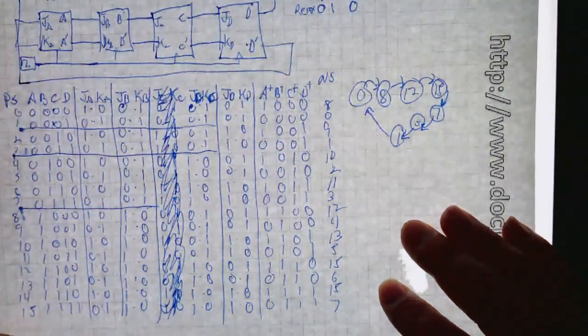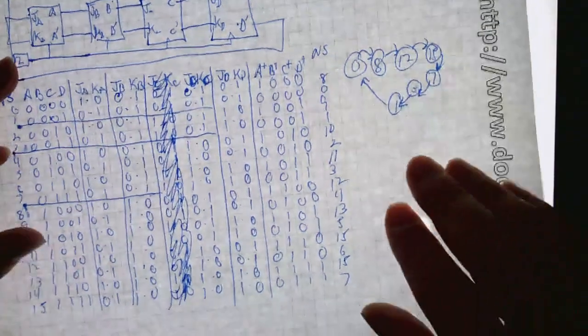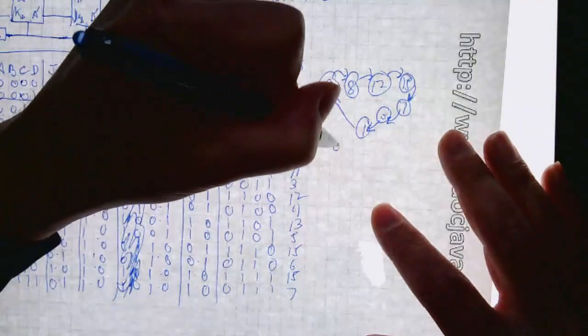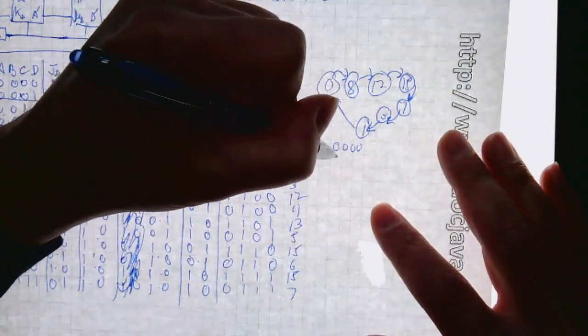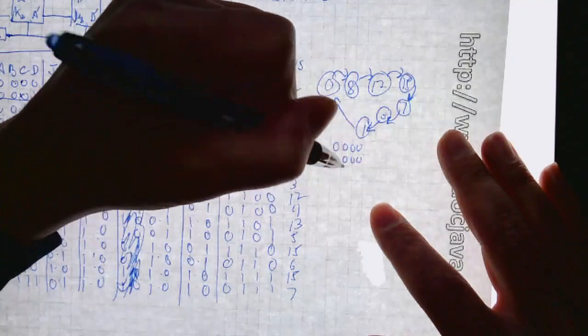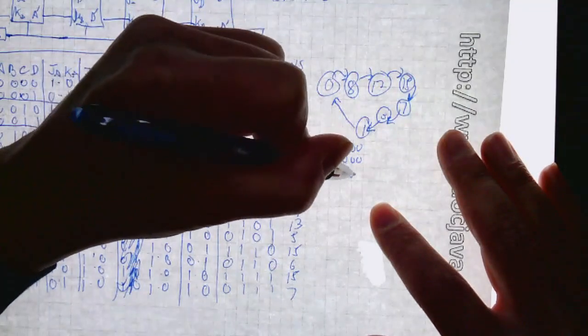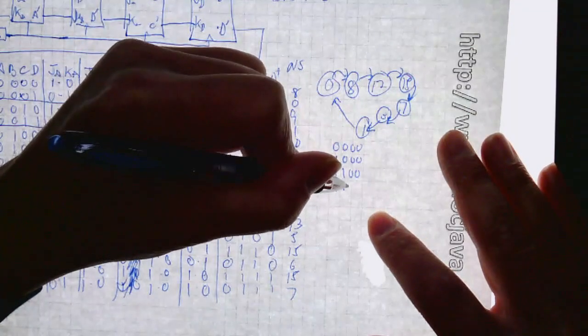A whole bunch of numbers have been left out. But one thing I can say is that 0, 0, 0, 0 goes to 1, 0, 0, 0 goes to 1, 1, 0, 0 goes to 1, 1.